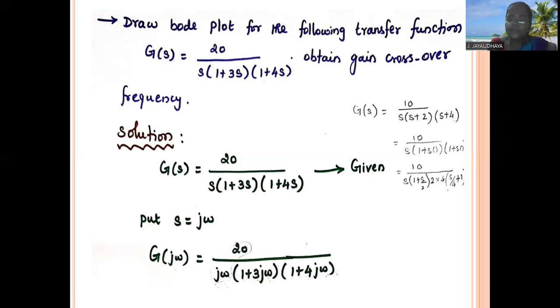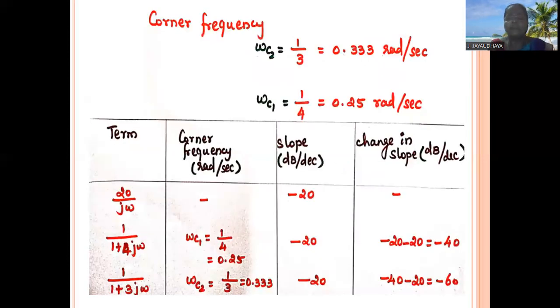How do we find the corner frequency value? This is very simple: the real value divided by the coefficient of omega, that is the imaginary part. So we substitute 1 divided by 3 and 1 divided by 4. 1 divided by 3 is 0.33 radian per second, and 1 by 4 is 0.25 radian per second.